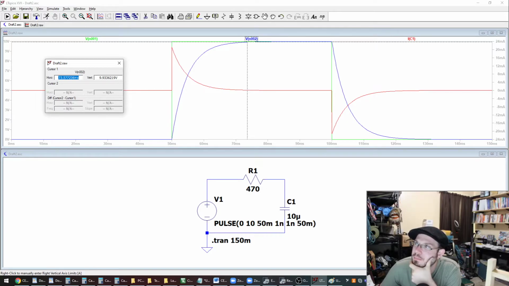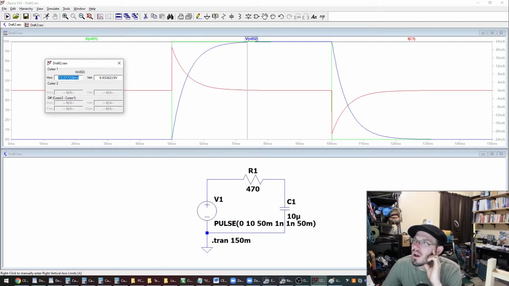So at this 50 millisecond mark, when our applied voltage goes high, that should be the most current because our cap does not have any charge stored on it. I hesitate to say stored because you're not storing voltage. It has no charge on it, so you're going to get the highest current going through it when it has 0 volts developed on it.